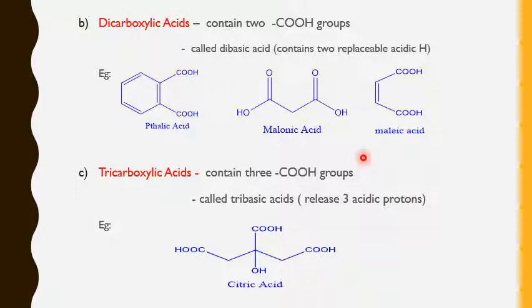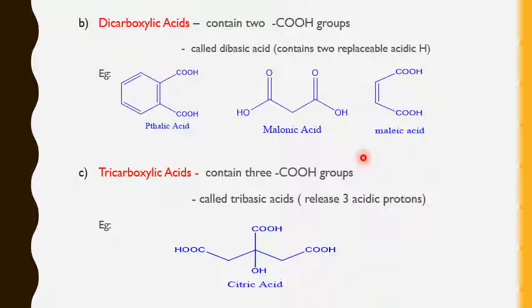If the hydrocarbon chain is aliphatic, then it is an aliphatic carboxylic acid. And since aliphatic contains two types of hydrocarbons, one with saturation and one with unsaturation, we have further classification of aliphatic carboxylic acids as saturated and unsaturated carboxylic acids.